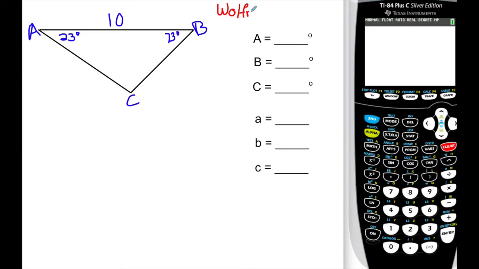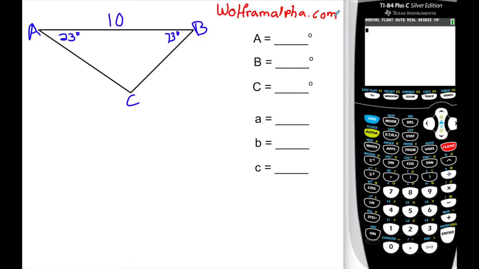I recommend you go to wolframalpha.com, Alpha like the Greek letter. You can type in the math problem you want to do, and it will tell you the answer.